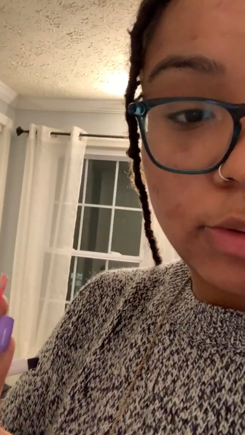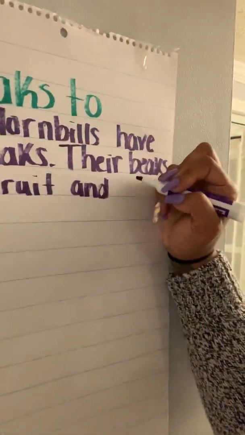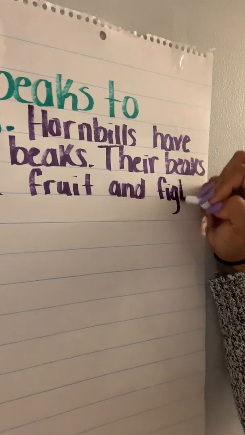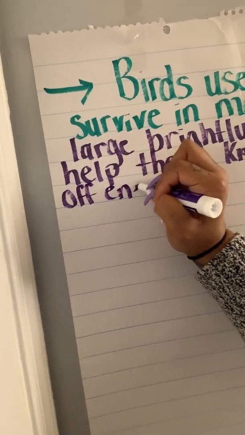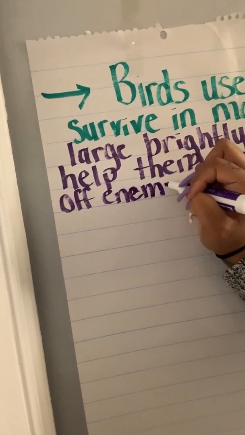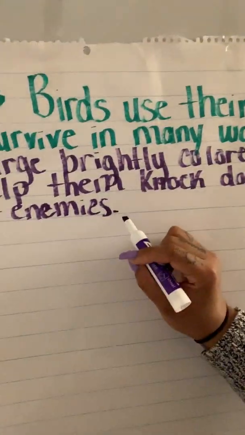And what did we just say that the hornbill's beak, what else does it do? It helps it knock down fruit and fight off who? Enemies. Very good. And fight off enemies. All right, and I ended with a period again.